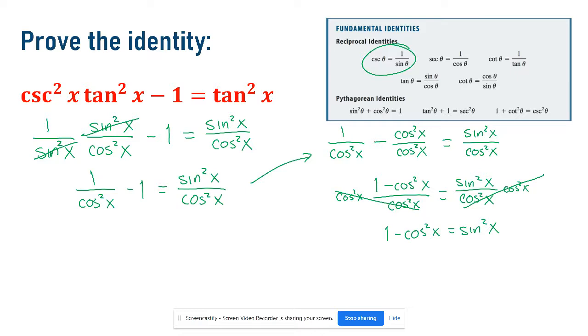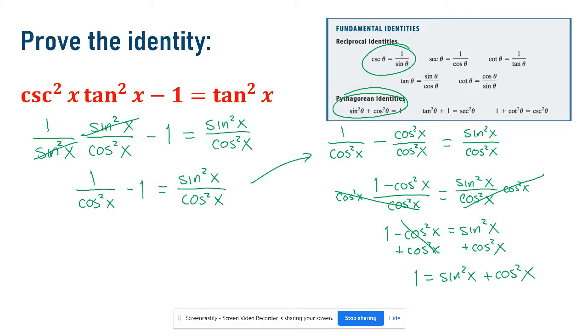All I need to do now is move this cosine squared to the other side. And I get sine squared of x plus cosine squared of x equals 1. That's my Pythagorean identity. So I have proven that this is correct. So that's one way I could have done it.